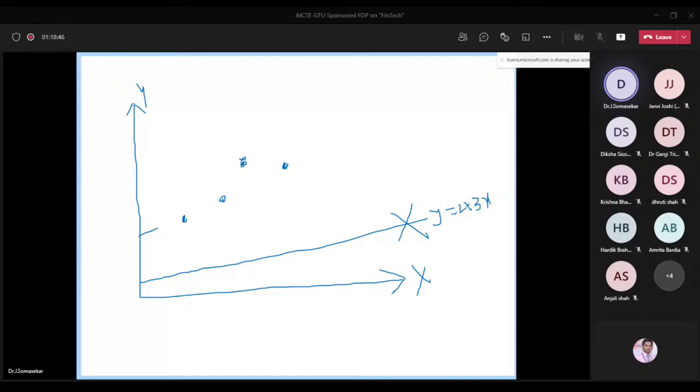Suppose I go for a regression model like this, where almost all the points are close. Let us assume y equal to 3 plus 4x, just for understanding. Here you can see the data points are close to the regression line. Meaning the actual data point is 5, the estimated data point is 4.9. The actual data point is 6, the estimated data point is 5.98. So both are very close.